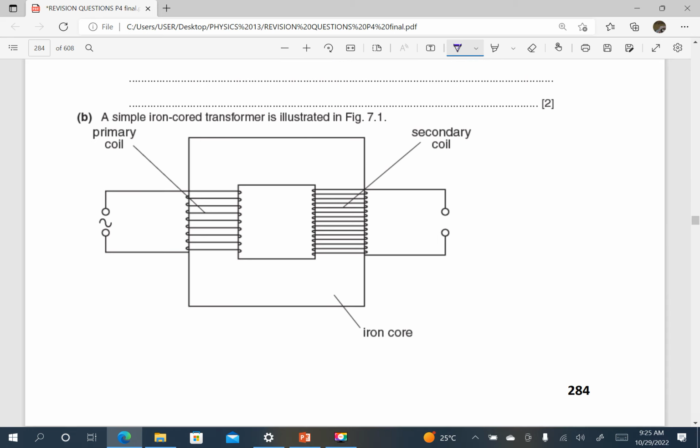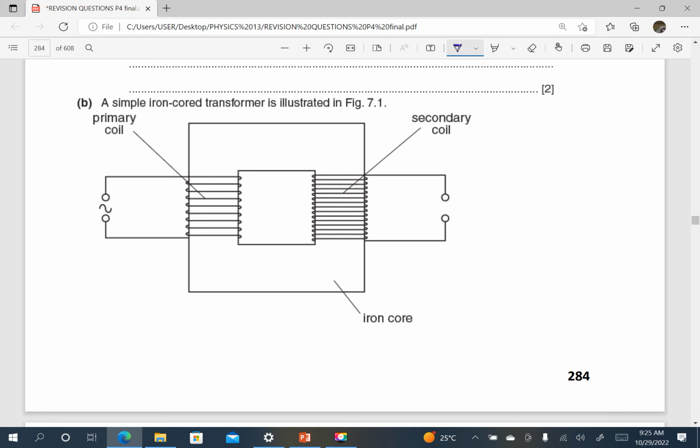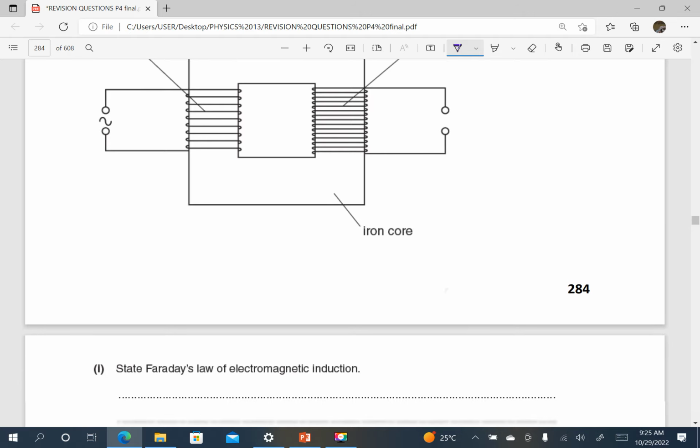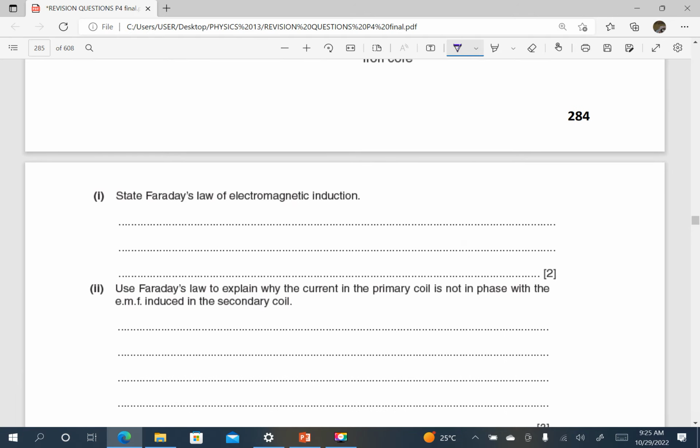A simple iron-cored transformer is illustrated here. As we can see, the primary coil is a step up in the secondary coil. State Faraday's law of electromagnetic induction.